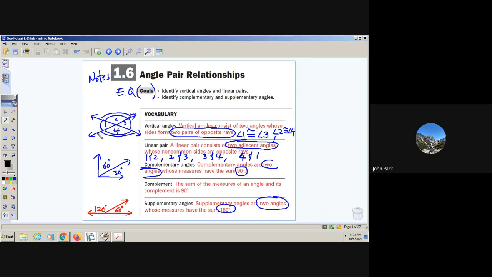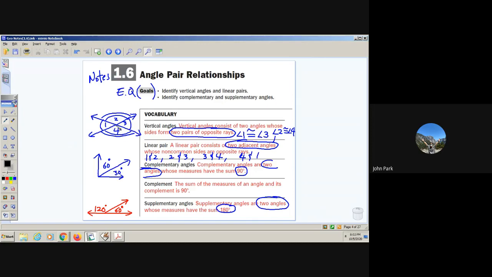An easier way to think about vertical angles is if two lines intersect, or two segments intersect like this, then the vertical angles are angles on the opposite corner, opposite end. They're not next to each other, not adjacent, but opposite corners of each other. So that's probably an easier way of thinking about that.